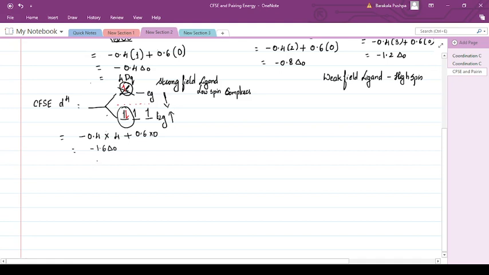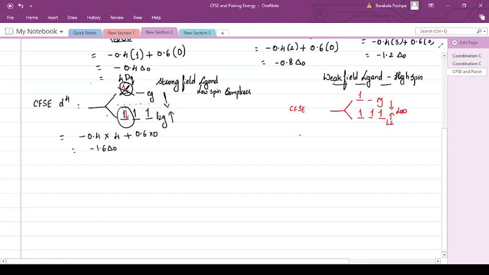Now, let us consider the same D4 system in the case of a weak field ligand. I have mentioned to you yesterday, in the case of a weak field ligand, the magnitude of the splitting is very low. So the electron has sufficient energy to jump into the EG level and it will not get paired at the T2G level.